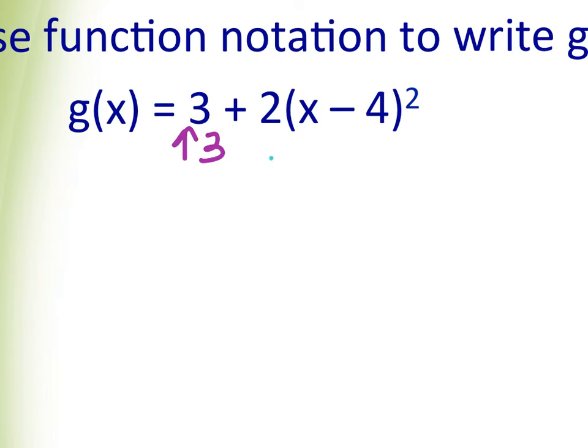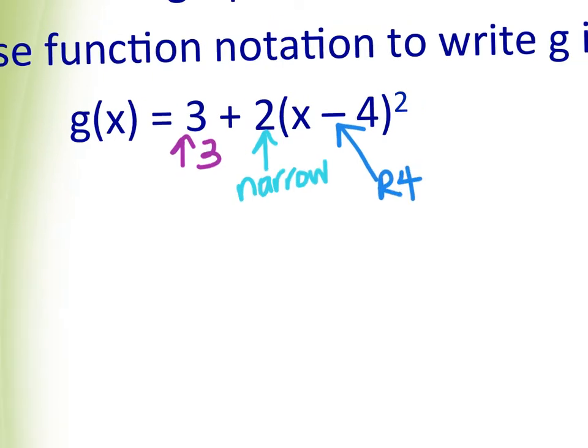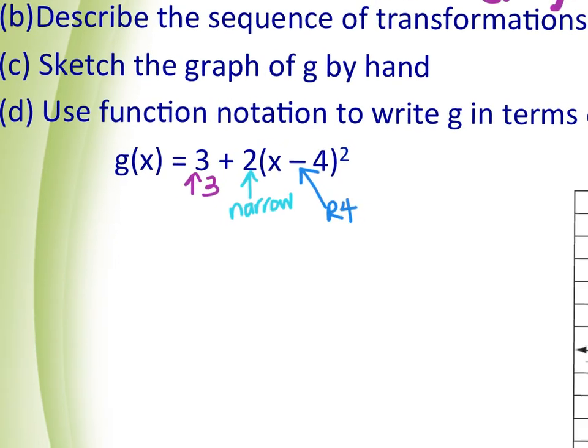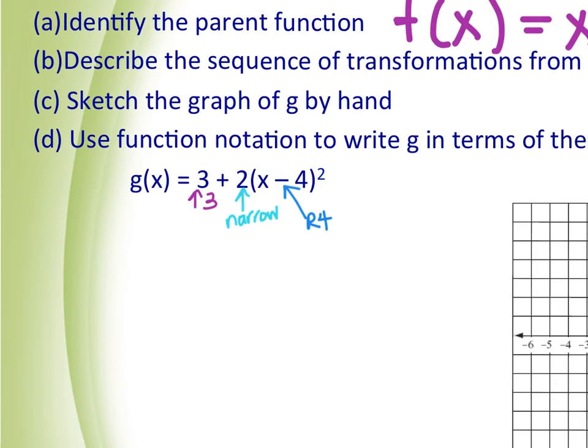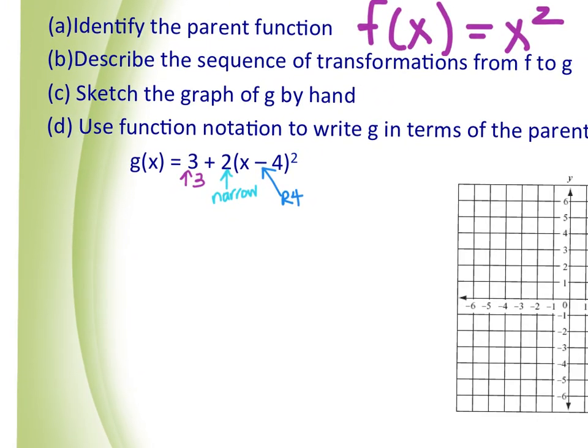What's the 2 on front do? Narrow. Good. Narrow or stretched vertically. What's the minus 4 inside the parentheses do? To the right 4. And then obviously my parent function is the quadratic. So you can write that out in words, or you could do it just like I just did. Okay? For me, that's enough, as long as I can see the break apart.